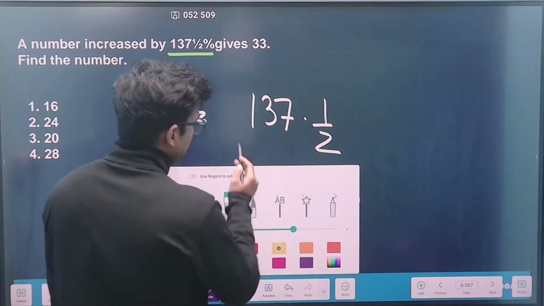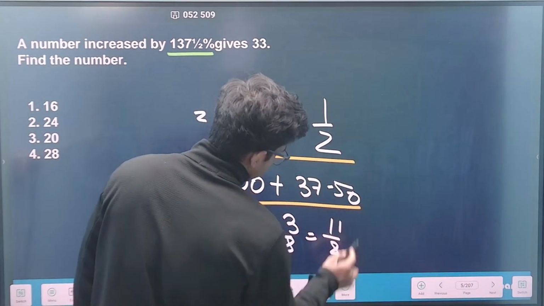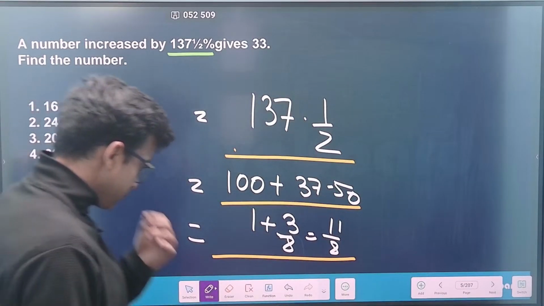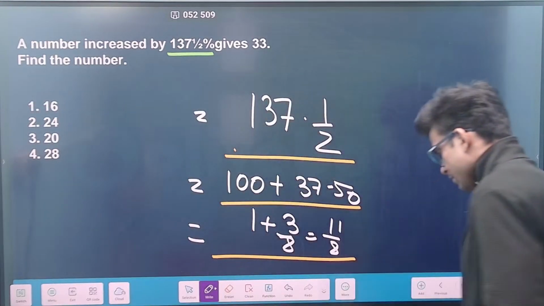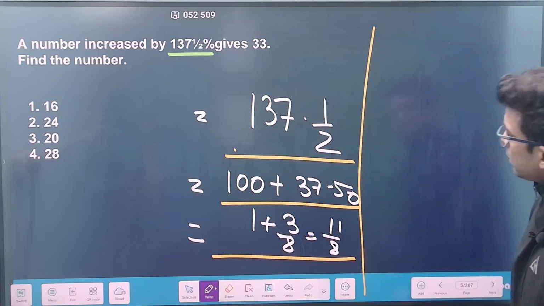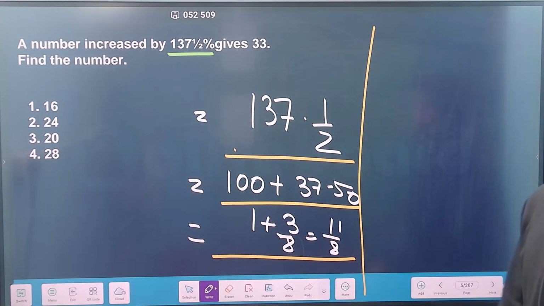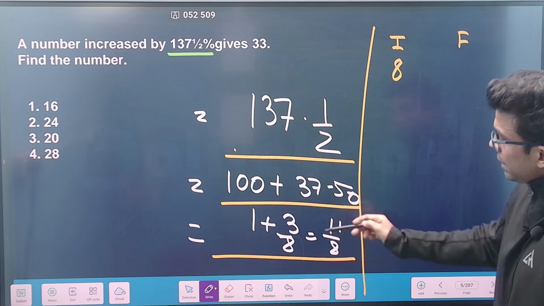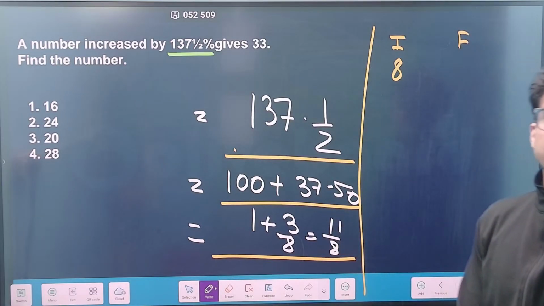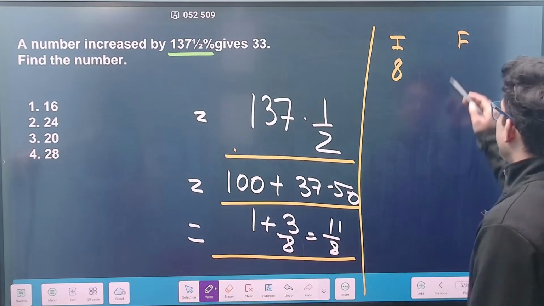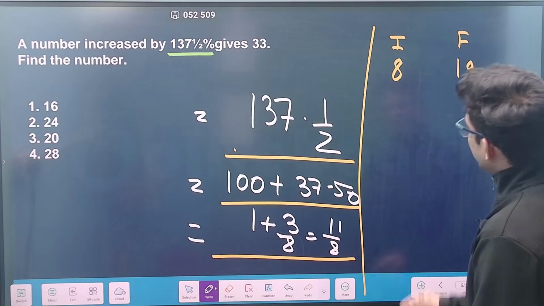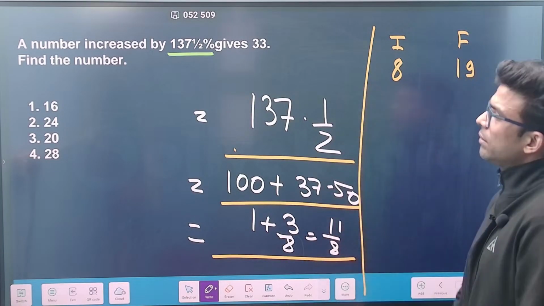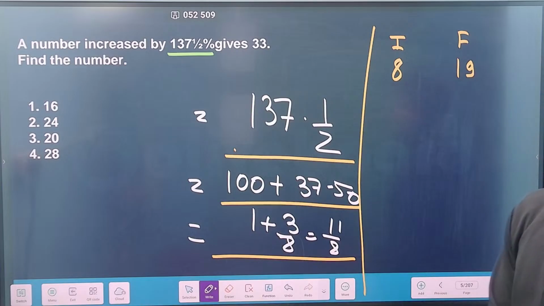Chaitanya, the moment you make this 11 by 8, you are trying to say your initial value is 8 and your final value is 8 plus 11, which is 19. Then there is an increment of 37 1/2 percent, and they are saying that it gives 33.